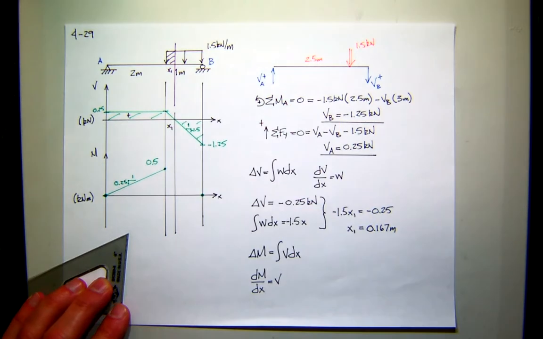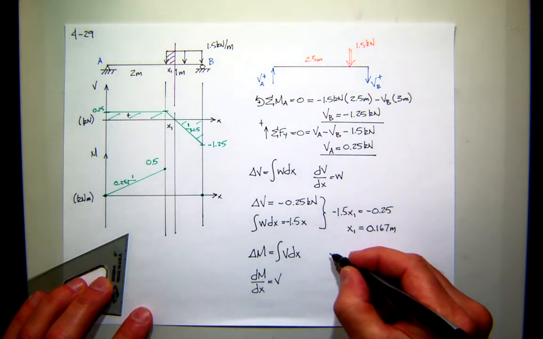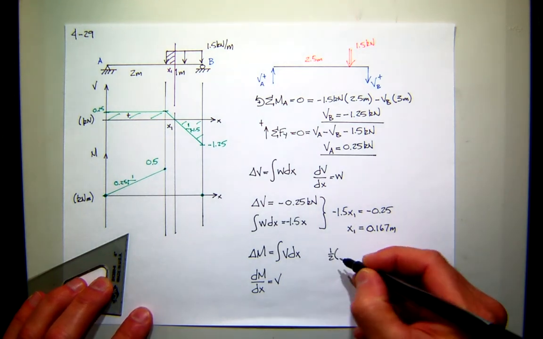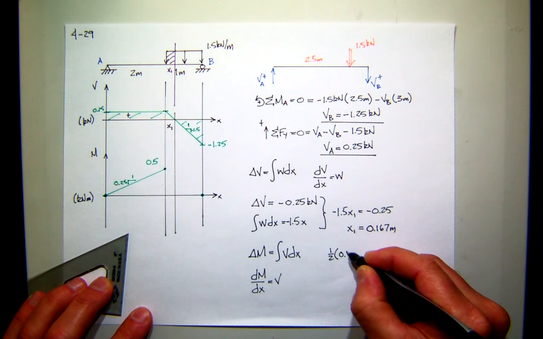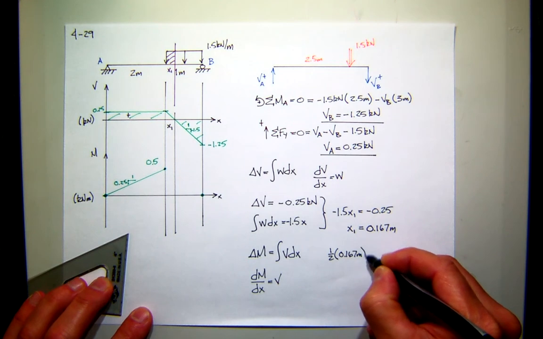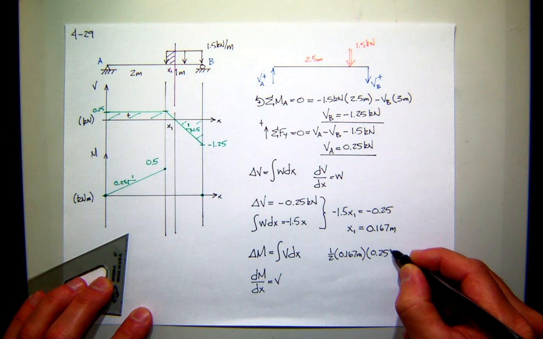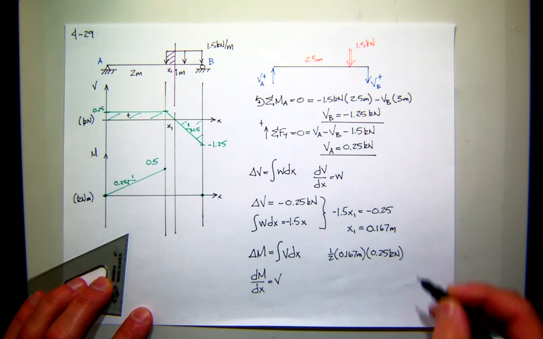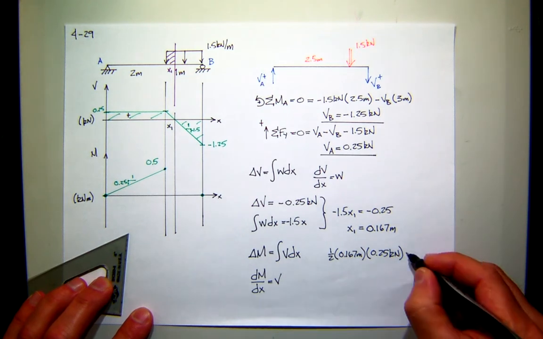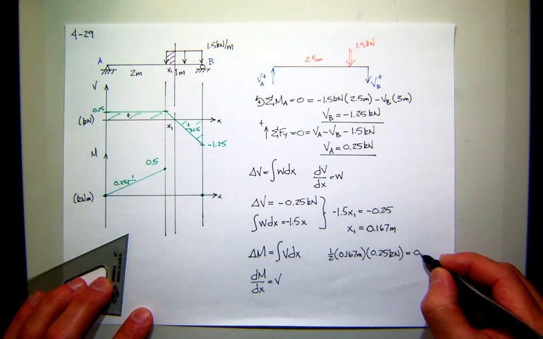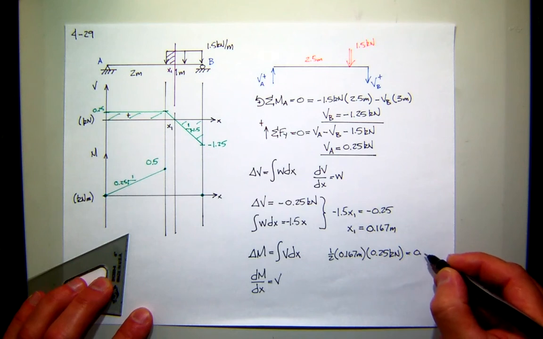How much is that? So it'll be 1/2 the base, which is 0.167 meters, times the height, which is 0.25 kilonewtons. So what's all that turn out to be? 0.02.